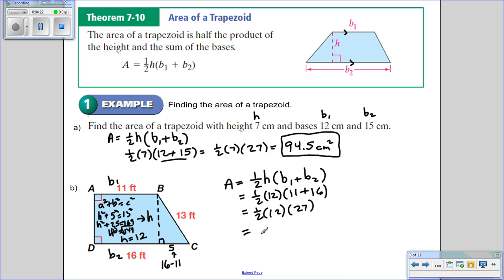And with that we get 162, and that would be feet squared. So sometimes it's very straightforward where you just plug in the numbers in the formula and calculate. And sometimes you're missing information, so we had to bring back some previous knowledge of the Pythagorean theorem.